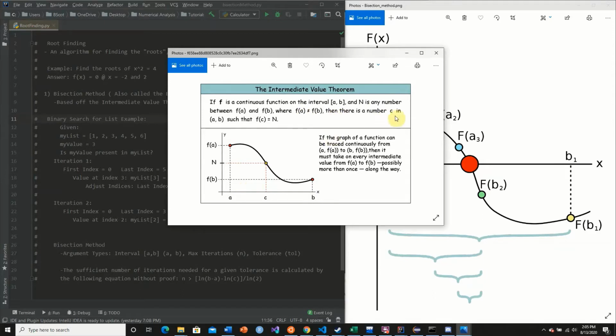Then there exists a number c between a and b, where c is an x value, such that f of c equals n. And so any value c between the x values a to b is going to be equal to some y value n, where n is between our f of a and our f of b on the y-axis. This is a very important fundamental theorem for finding the roots of a function.